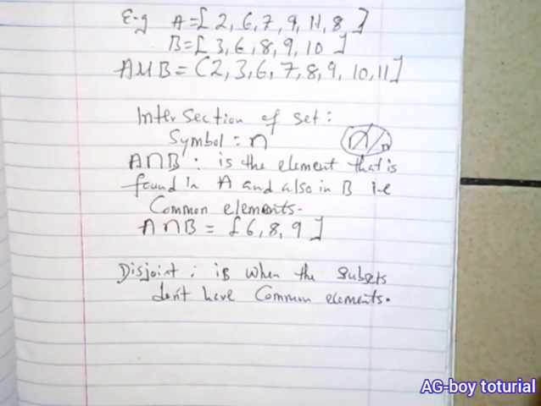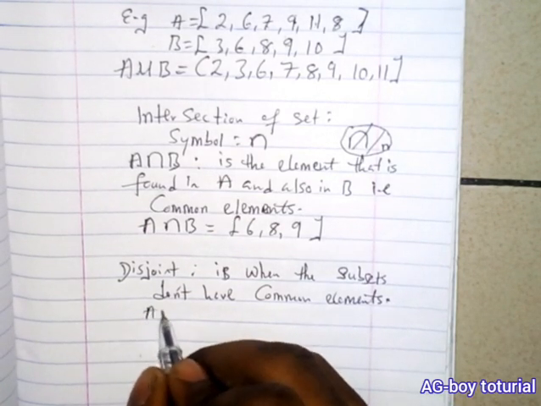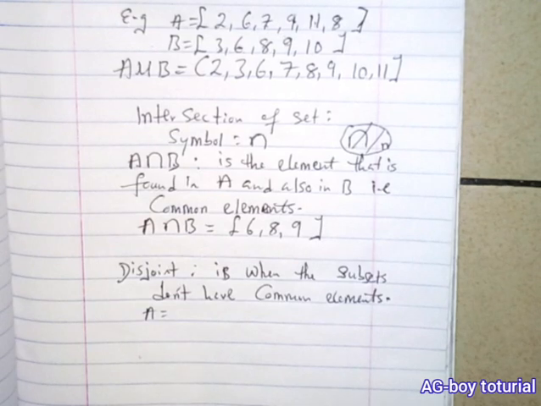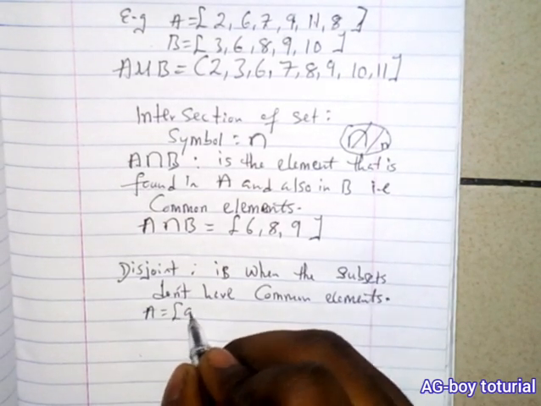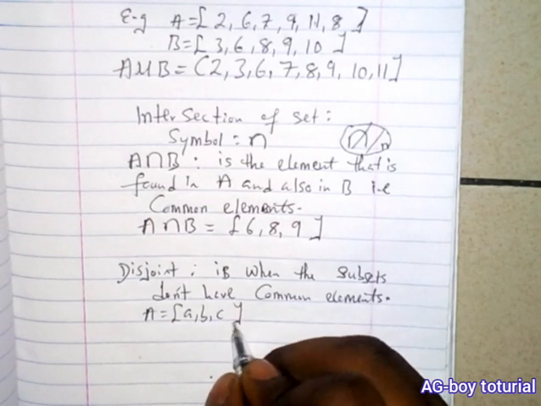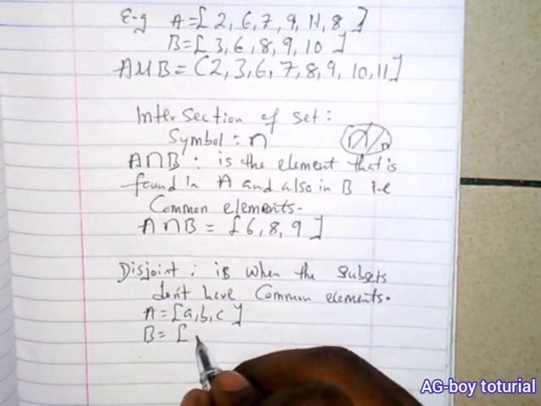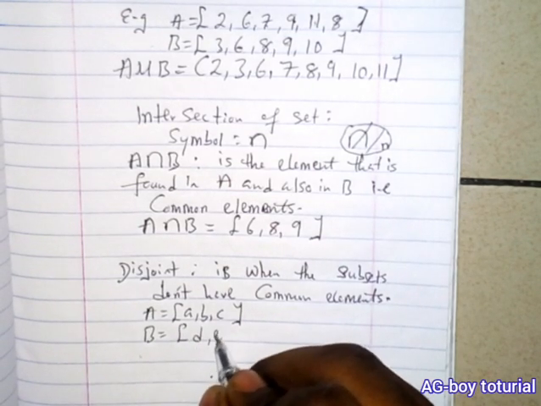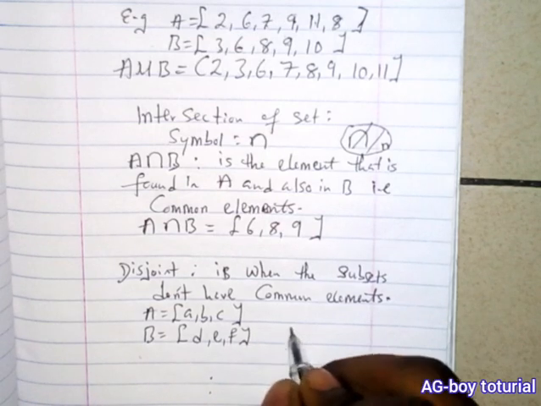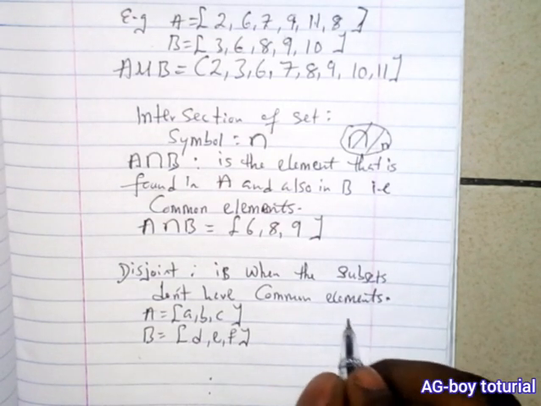Like for instance, let's say A is equal to A, B, and C, and then B is equal to D, E, and F. Therefore, A and B are what?